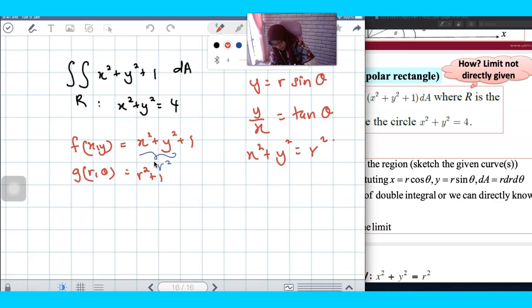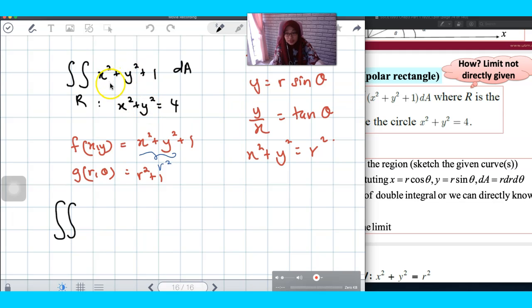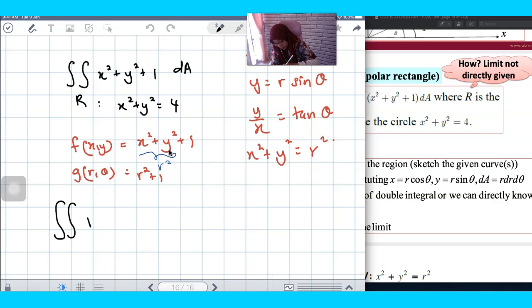So next, now you got the new expression in terms of r and theta. So your x squared plus y squared plus 1 now becomes r squared plus 1. And we know that the dA in polar is r dr d theta.